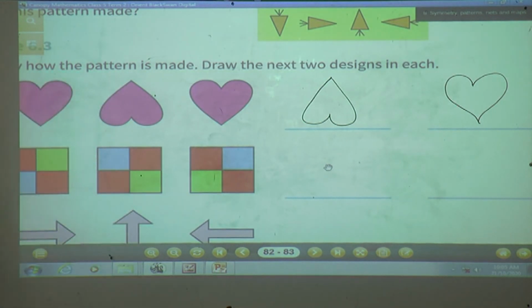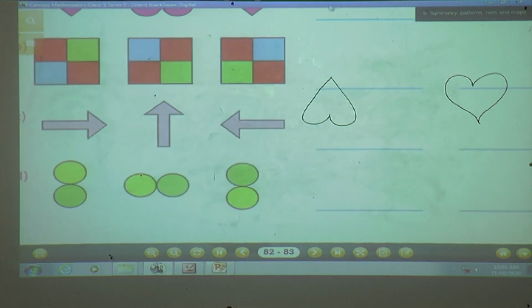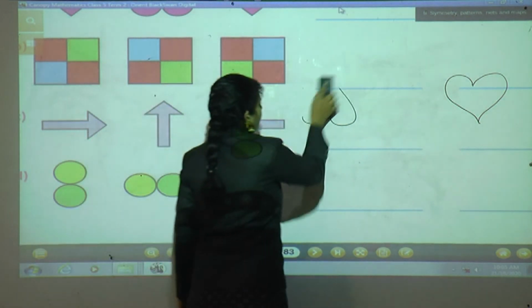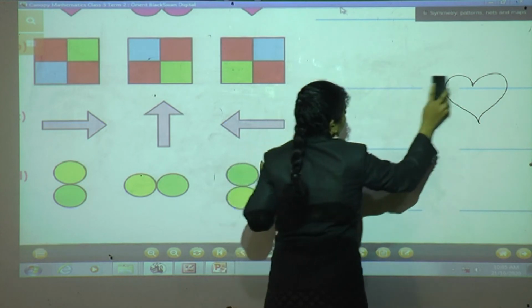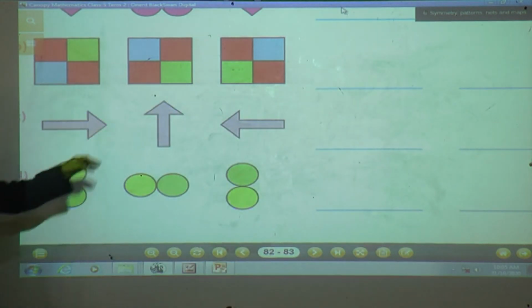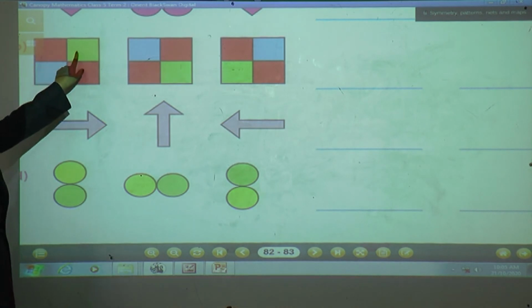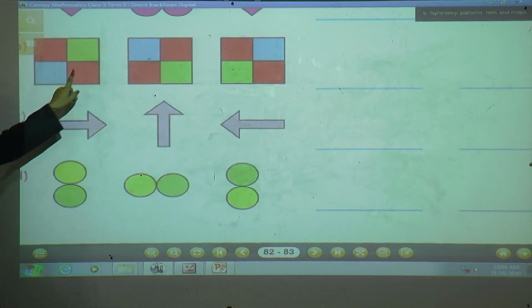So students, now second one, see here. Okay, here they have given us a square, but they made parts here, and even they have given the color. Here red color, yellow color, blue color, and again red color.